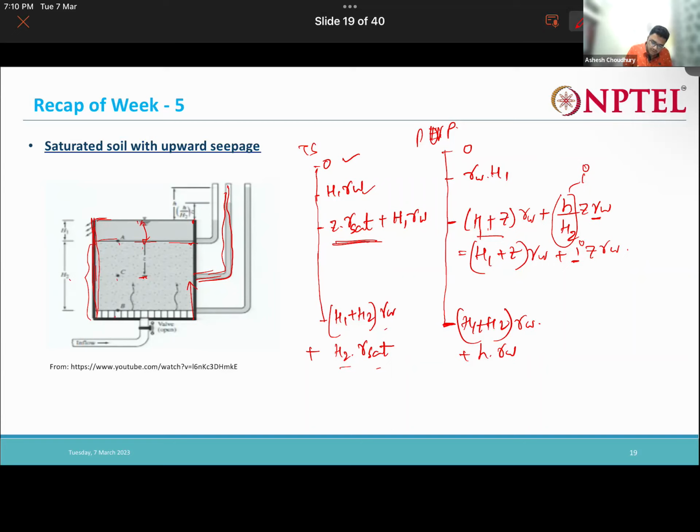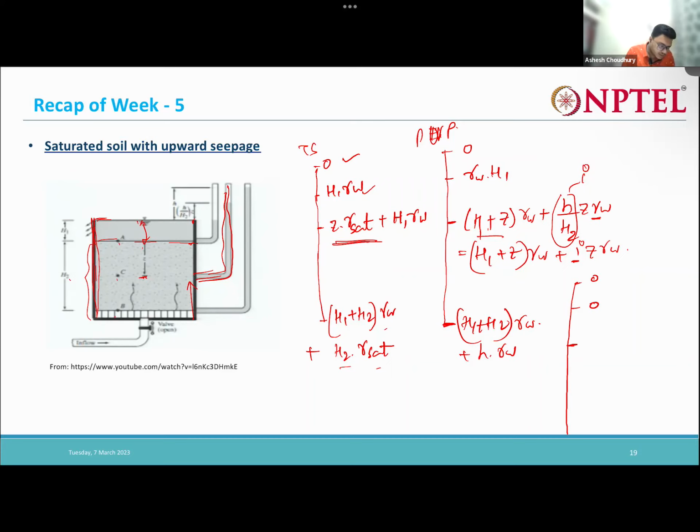Right. Now, if I want to draw the effective stress diagram, at the top it will be zero. At this point, it will be zero. Right. Now, what will it be at this C point?